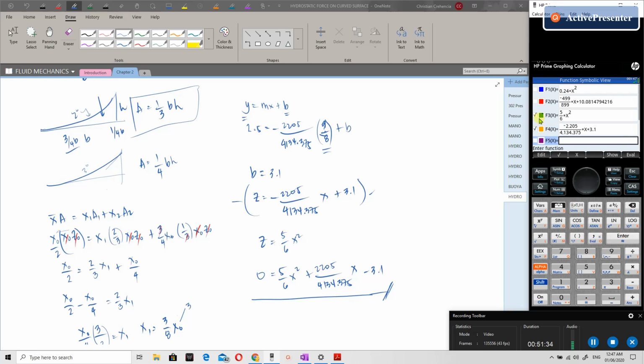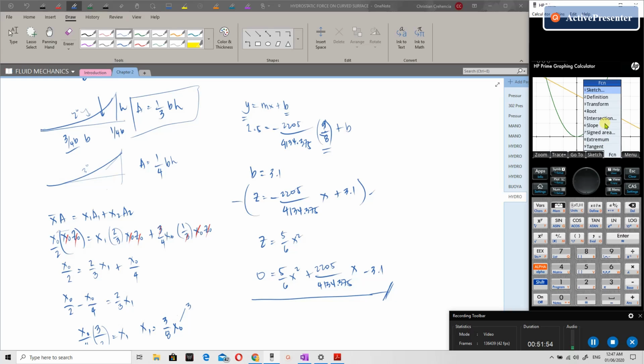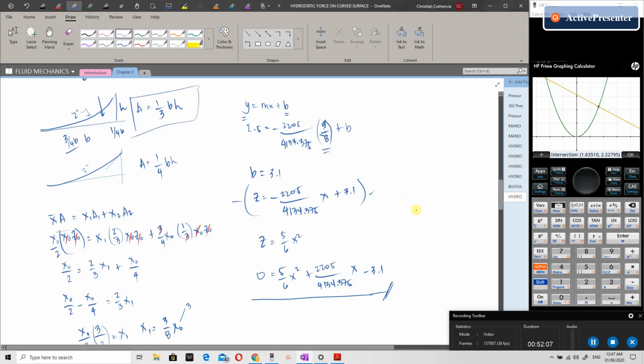Okay, so yan yung dalawang equation sa nakaselect. So, ipa-plot natin yung graph. Okay, so ito ngayon yung ating graph, no? So, ito yung location ng CP. So, pwede kong tingnan dito yung point of intersection. Okay, so enter ko lang yan. Okay, so we have 1.635. Okay, so that is yung value ng x.